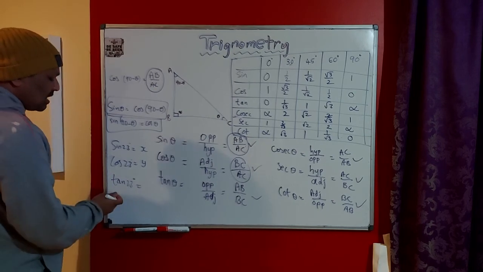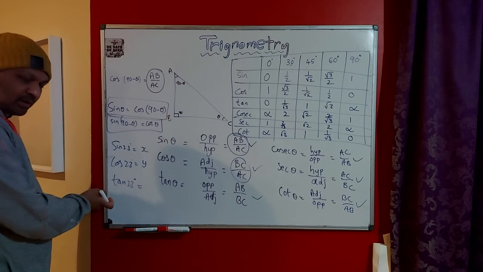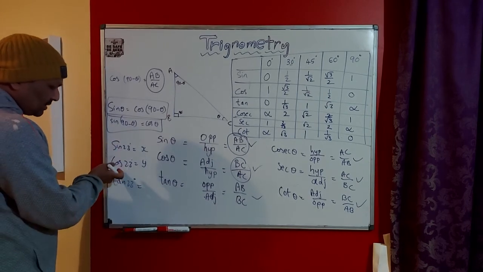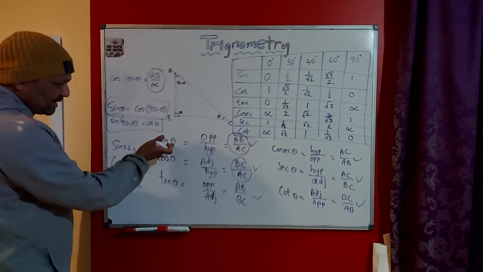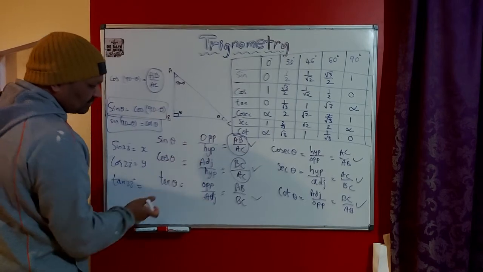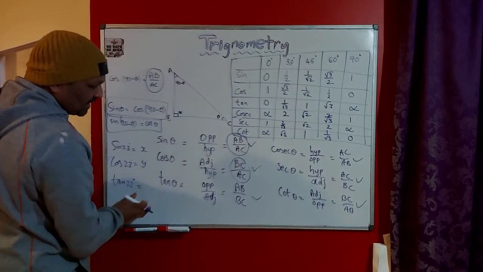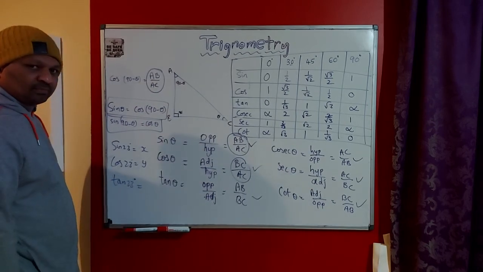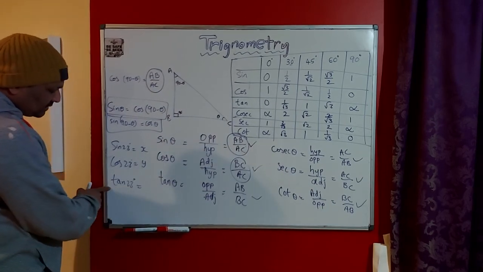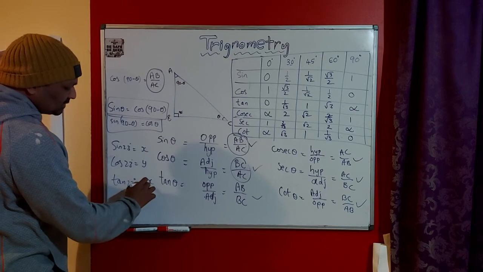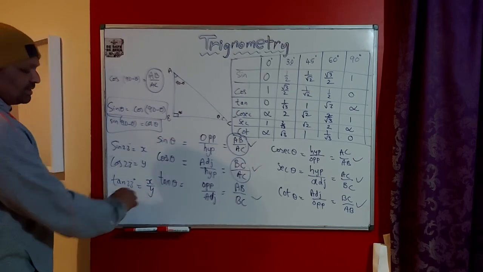What is the tan ratio? Tan can be written as sin ratio by cos ratio, opposite by hypotenuse divided by adjacent by hypotenuse, we will get opposite by adjacent. So if a question like this is asked, you can say tan 23 is equal to x by y.